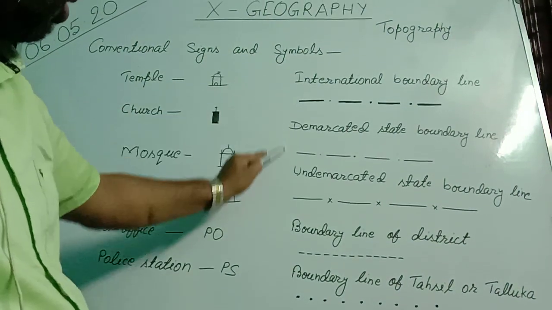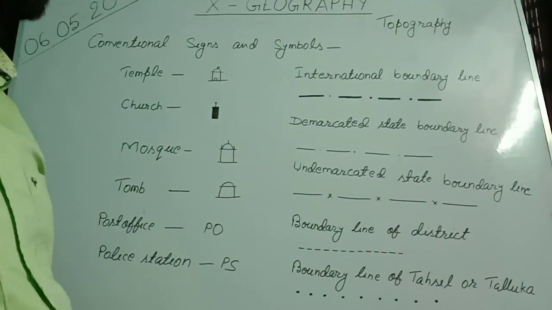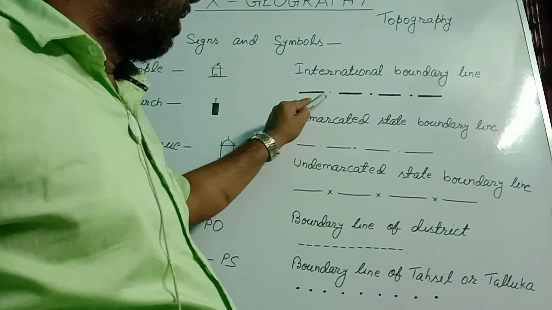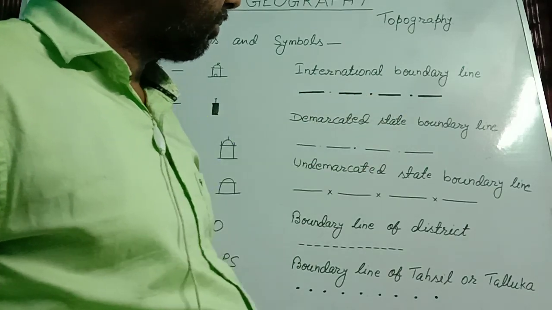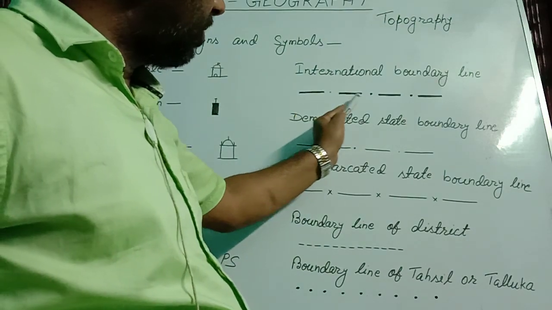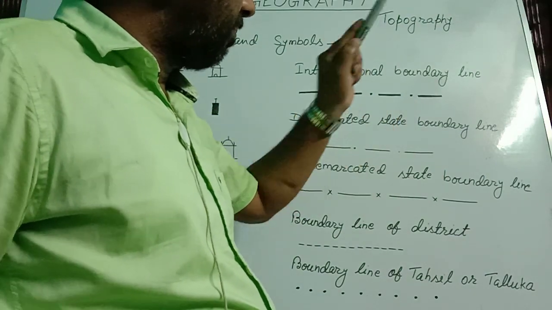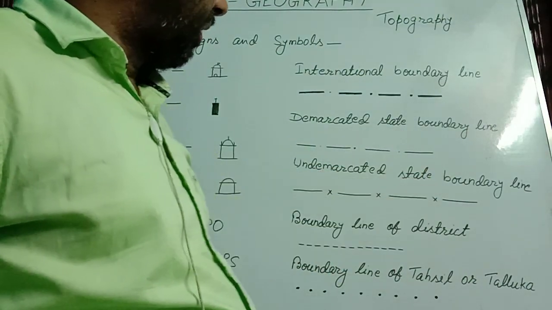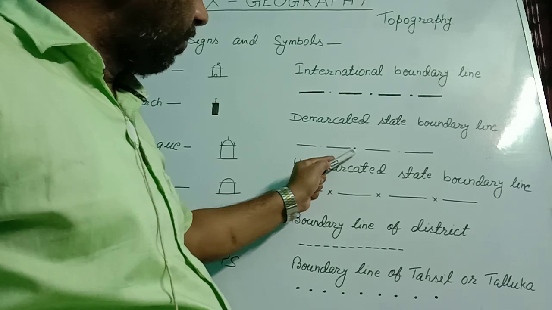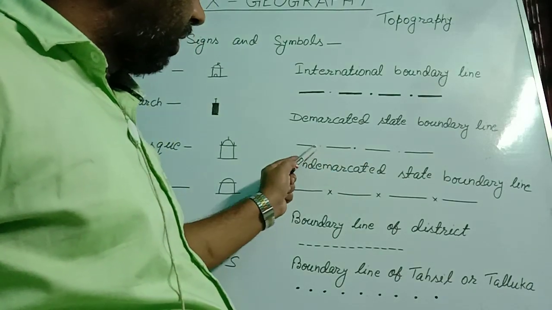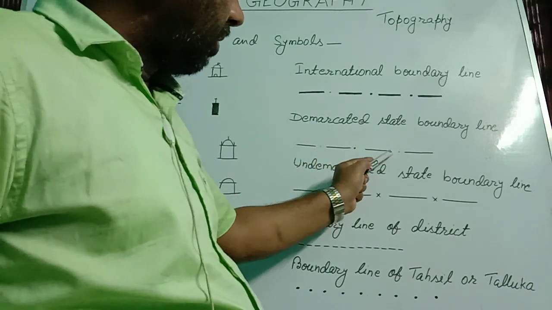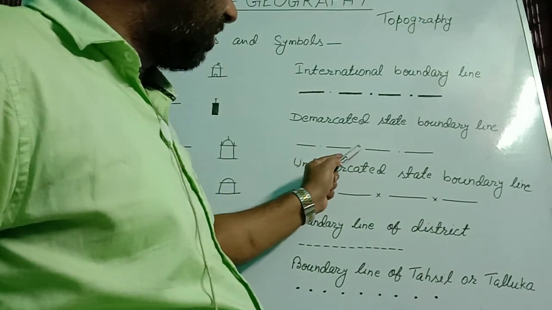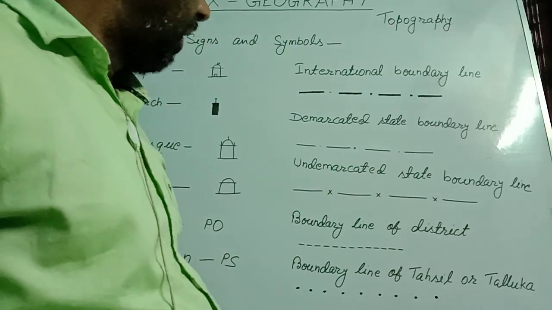Now this is the list of boundary lines. There are different types of boundary lines. International boundary line: this is a thick line with dots, and the interval of distance will appear equal. Demarcated state boundary line: a thin line with dots. Again, the gap between the dots will be equal.